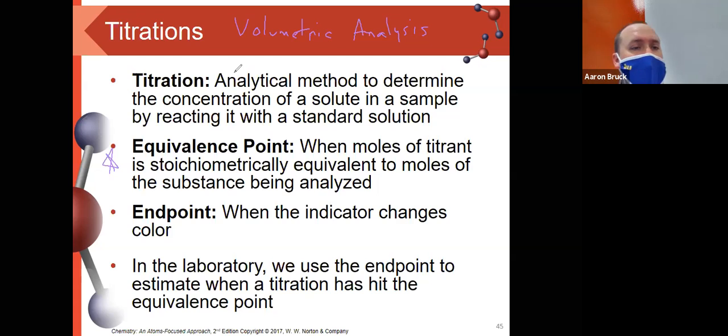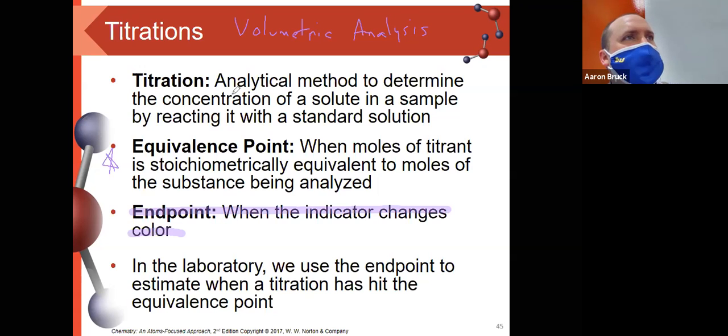So from an analytical standpoint, what we tend to focus on instead is something called the endpoint. The endpoint is when we do a titration and we use an indicator. The endpoint is a visual cue caused by the color change of that indicator. In lab this week, we used phenolphthalein as our indicator.